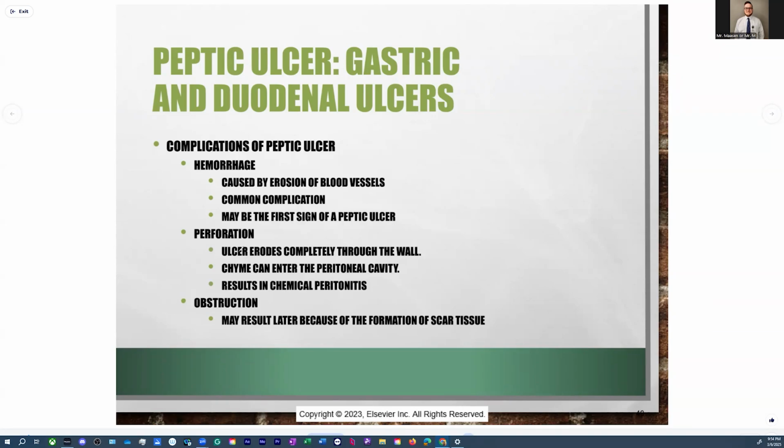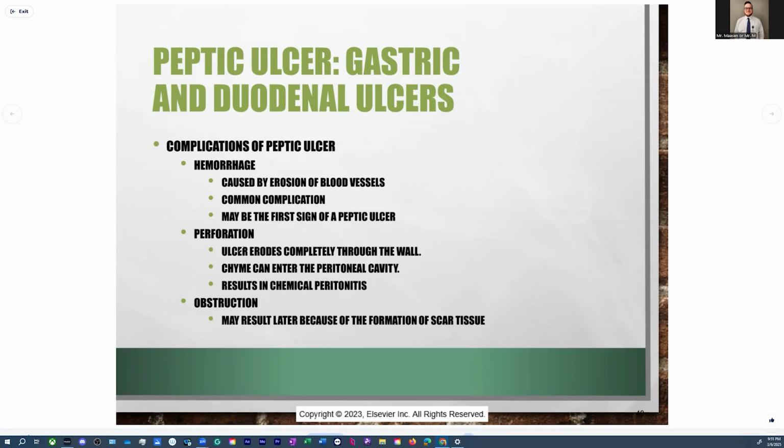And then what are the complications? Well, bleeding, hemorrhage, blood loss is a problem. This can lead to anemia, and you would find occult blood in the stool, kind of telling us there's a problem early in the beginning of the digestive tract somewhere. It could erode all the way through the wall of the stomach or the duodenum.